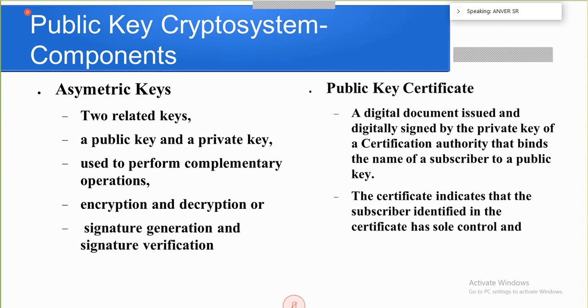Then other operations are signature generation and signature verification. So here every participating entity is having two keys. Okay. There is a private key that is known only to that participant and his public key known to everybody.